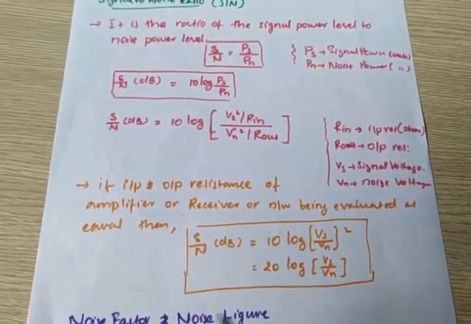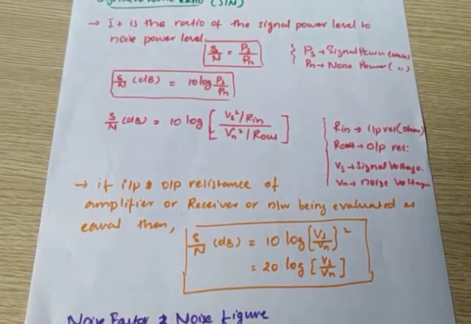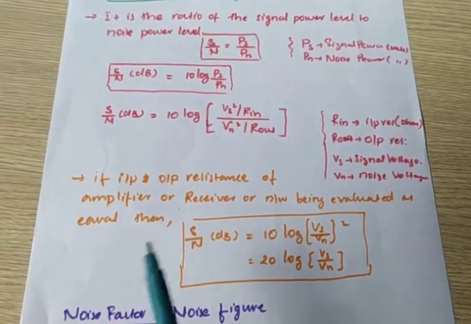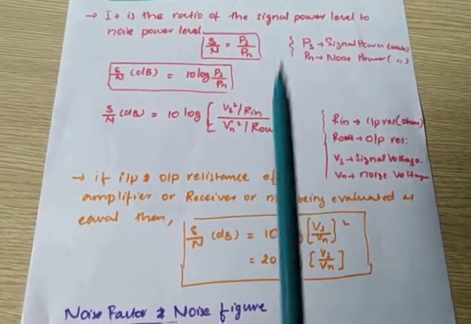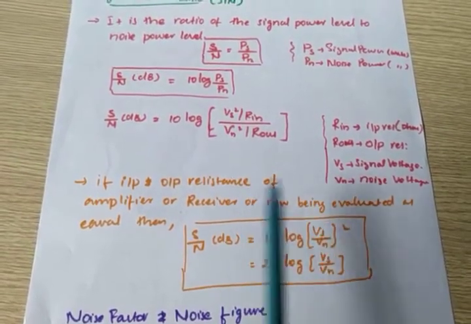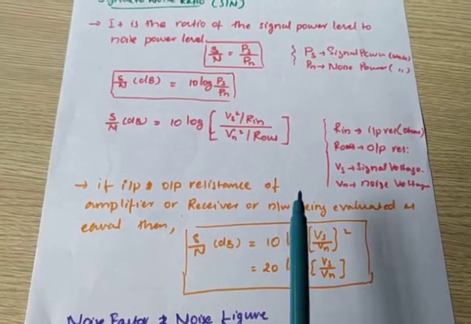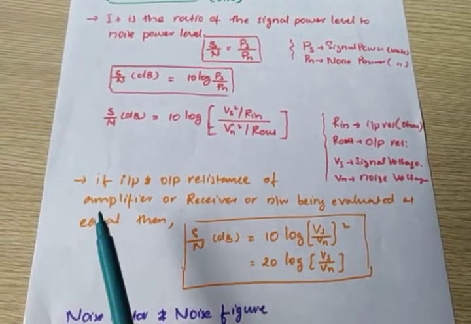Normally the input and output resistance of an amplifier, receiver or network being evaluated are considered equal. This condition is called the maximum power transfer theorem. Maximum power transfer theorem means we have a source and a load.